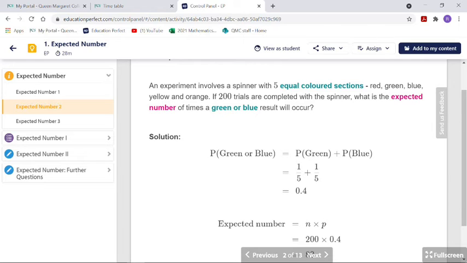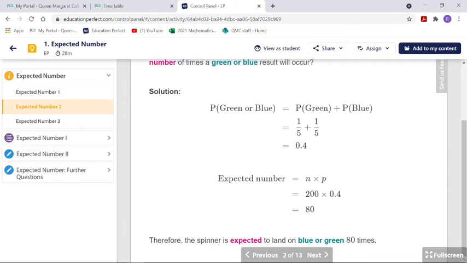Or means add, yeah? And then the probability of blue is 1/5, so you just have to do the probabilities first. You add them together, and change it to a decimal. We did the trials 200 times, so 200 times that probability. We expect blue or green to happen 80 times.